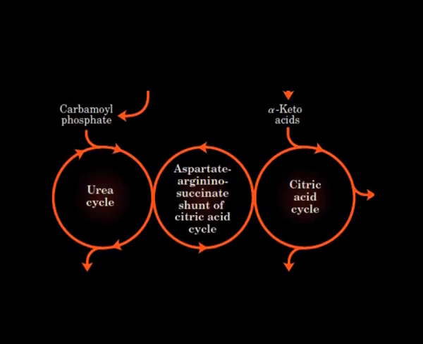And there is an intermediate shunt or pathway, small pathway, which connects the citric acid cycle to the urea cycle, where aspartate passes through what is called as the arginosuccinate shunt.